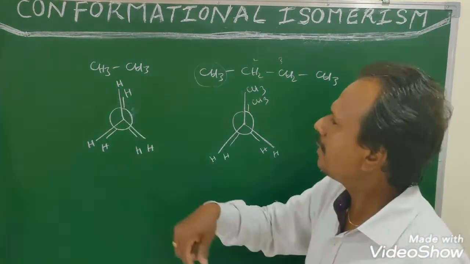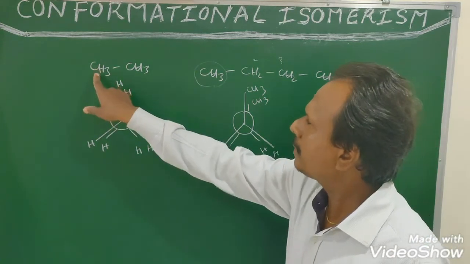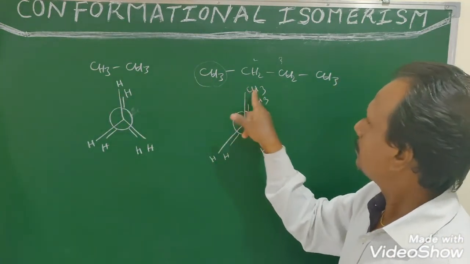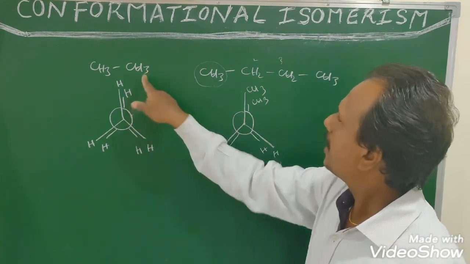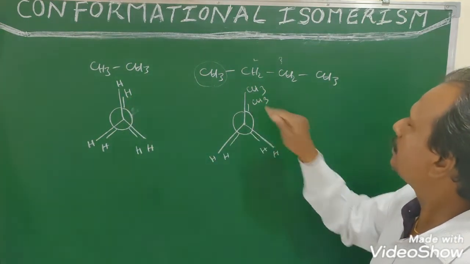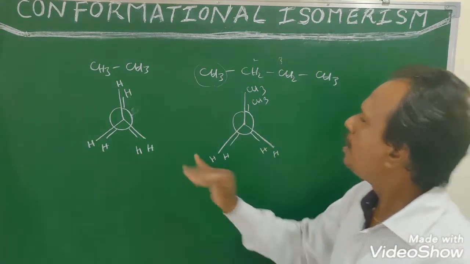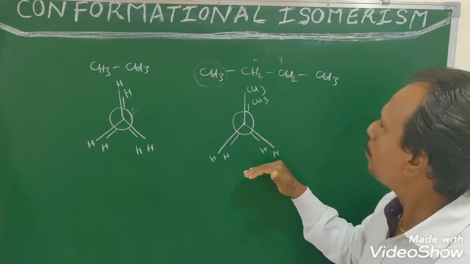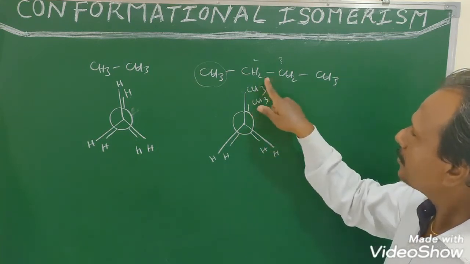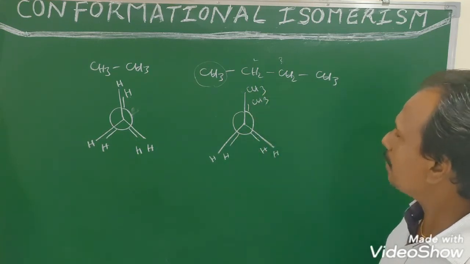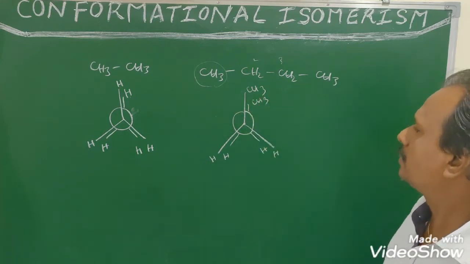Here it is ethane. An H is replaced by one methyl group. So the H of the second carbon is replaced by another methyl group. It is the fully eclipsed conformation of butane. This conformation is highly unstable.